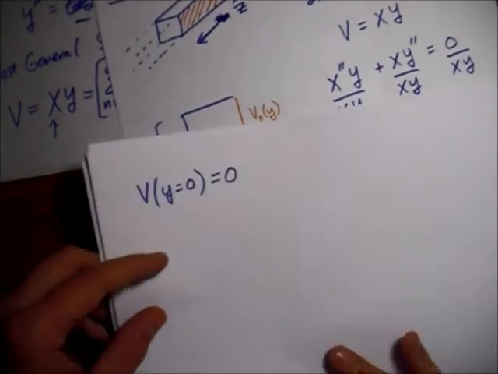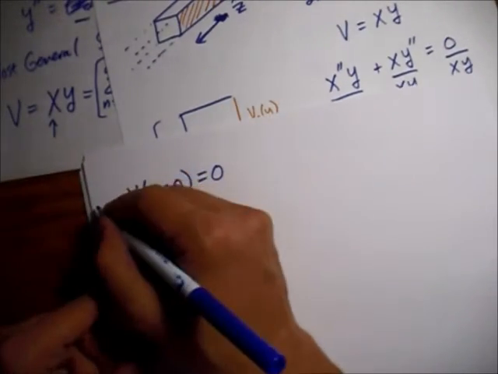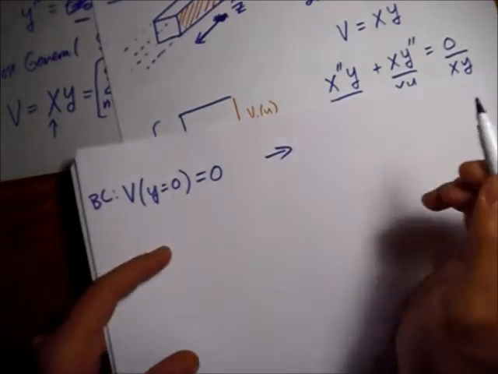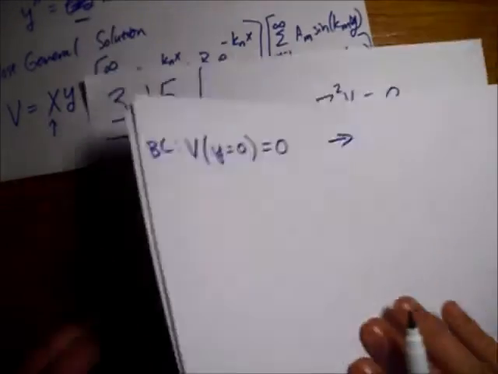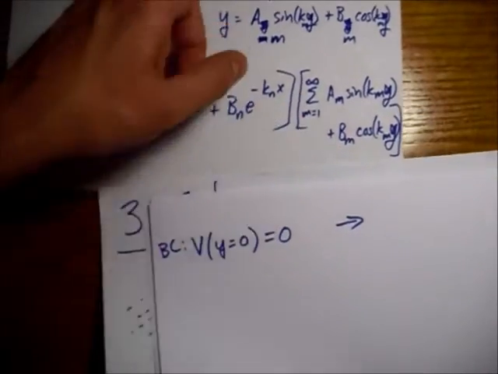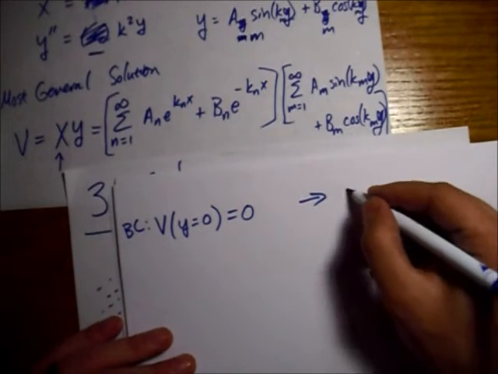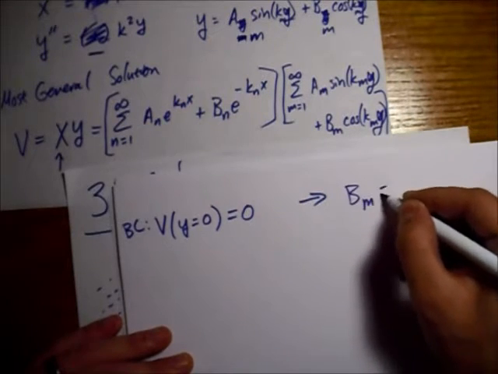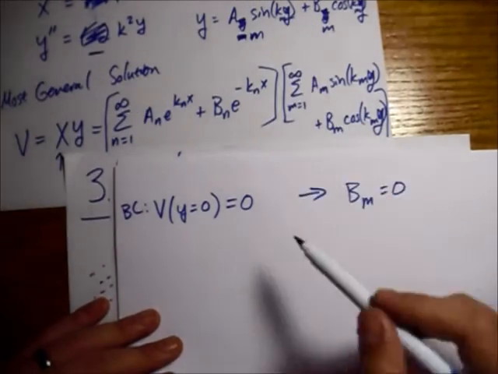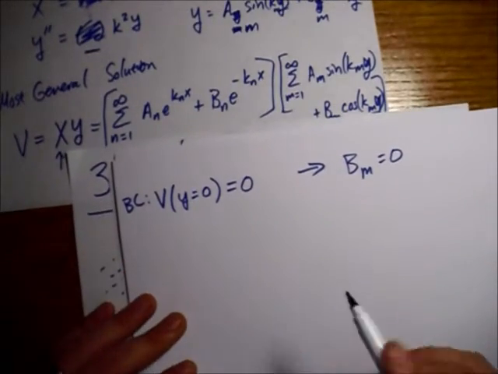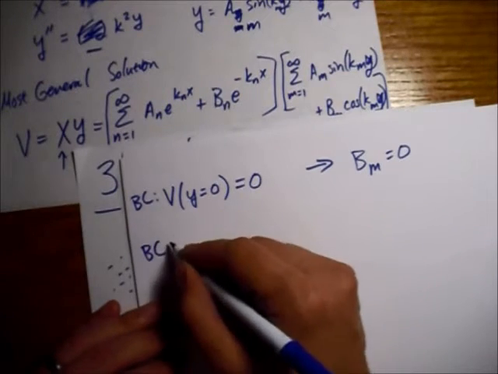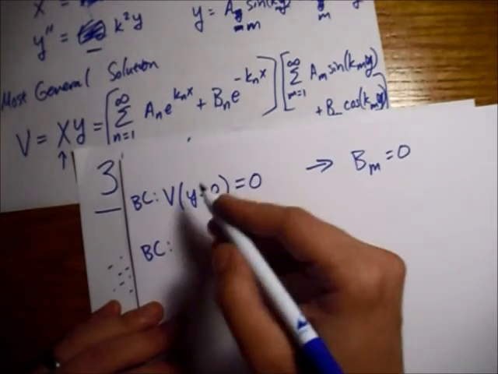This is the boundary condition, and that tells us that all of these b sub m's, all the way from 1 to infinity, are all equal to 0. B sub m is equal to 0, all of them, from m equals 1 out to infinity.